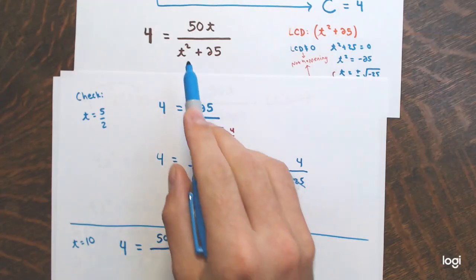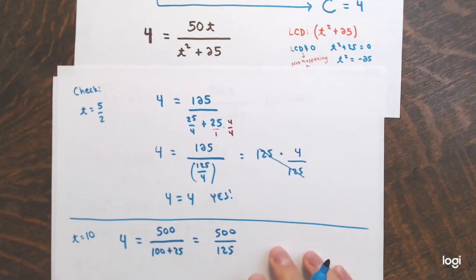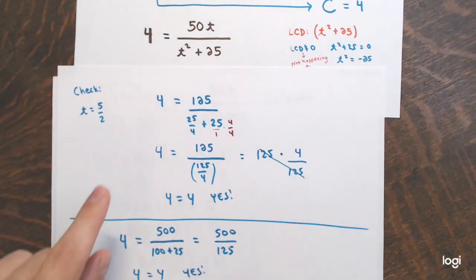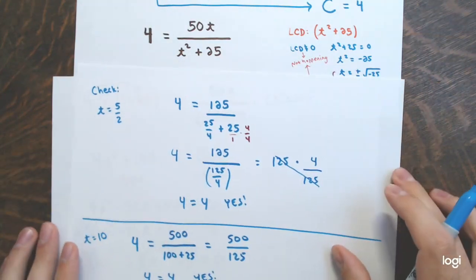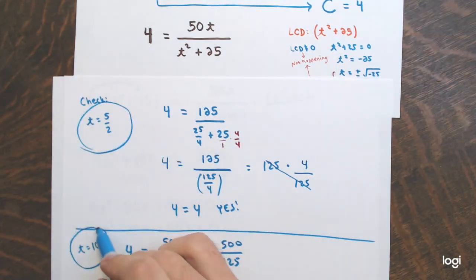Denominator 10 squared is 100 plus 25. And this is 500 in the numerator divided by 125 in the denominator. And yes, 500 divided by 125 is 4. You get 4 equals 4. So this particular equation actually does have two good solutions, 5 halves and 10.